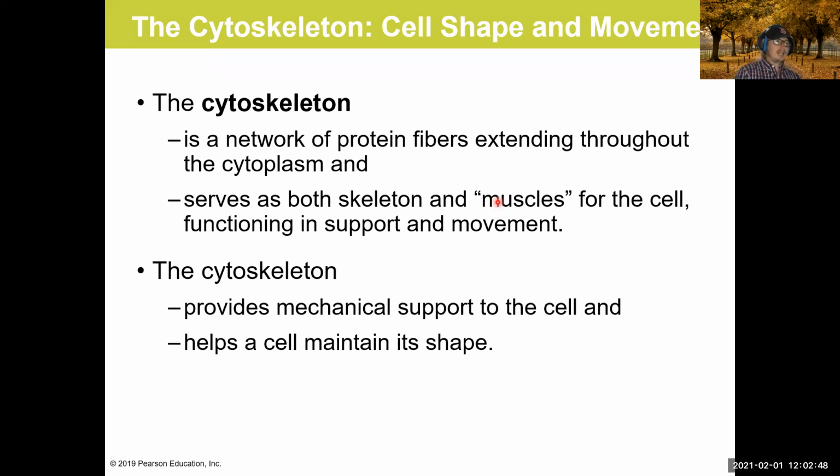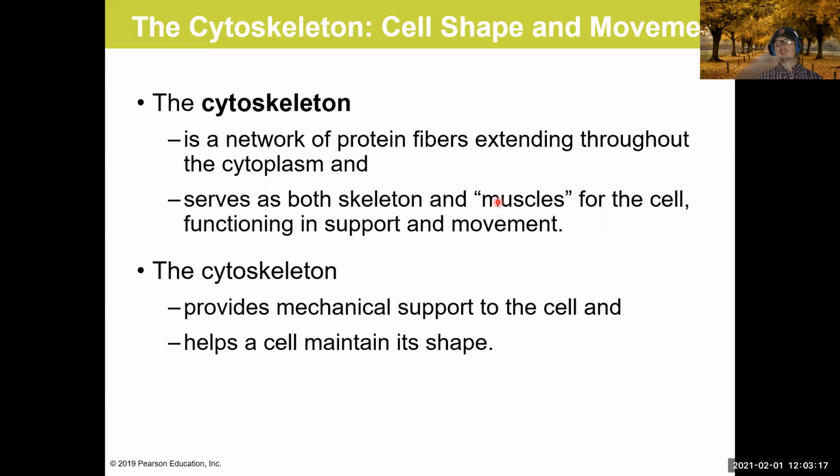All right, so some of the last structures we're going to talk about in our cell module is the cytoskeleton. And so the cytoskeleton is basically the scaffolding and the networking of the cell itself. So the cytoskeleton are these protein fibers, so microtubules and microfilaments that run throughout the cytoplasm.